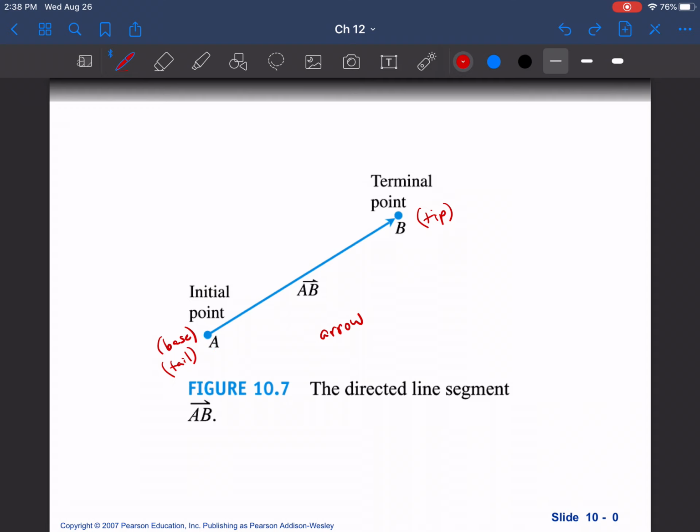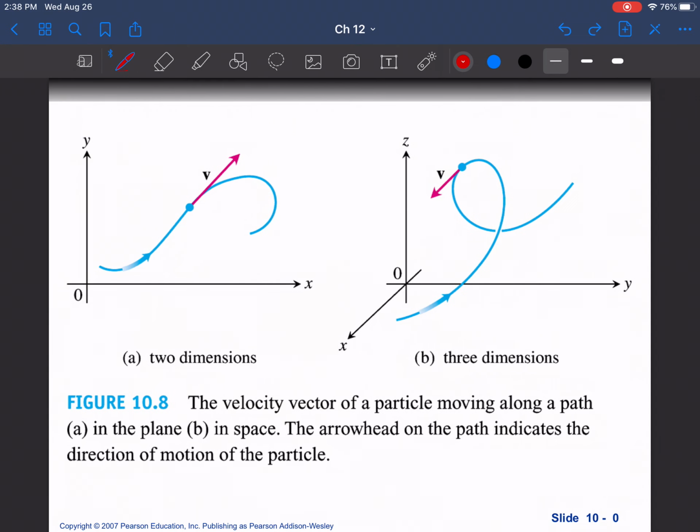A normal way to write it is with a little arrow on top of it. So you might write AB if it's from point A to point B, with an arrow on top of it. That is going to be different than the vector BA that goes that way. It's pointed in the opposite direction. So there you go. Put a little arrow on top of it.